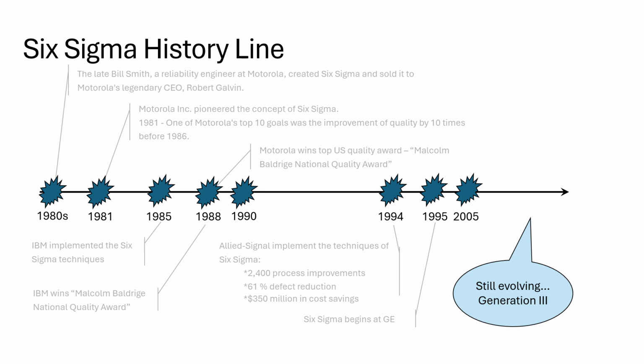In 1985, IBM implemented the Six Sigma techniques. 1988, Motorola wins the top U.S. quality award, the Malcolm Baldrige National Quality Award, and IBM wins the Malcolm Baldrige National Quality Award as well.